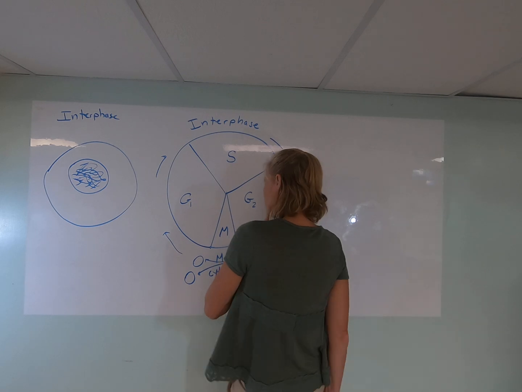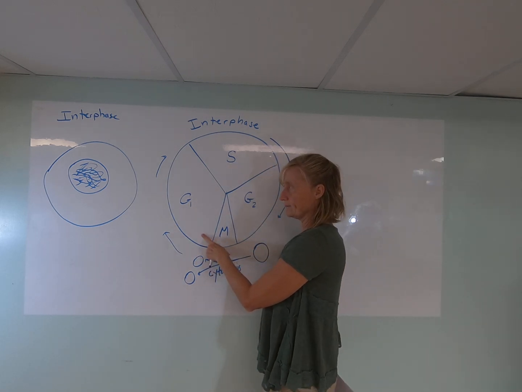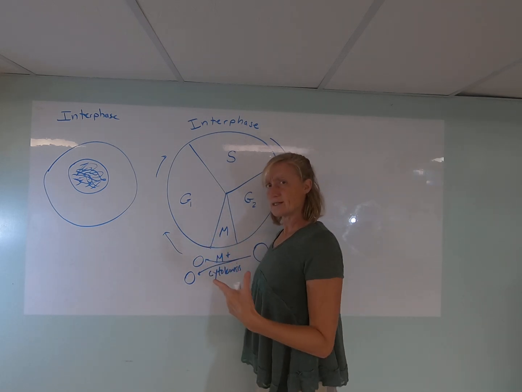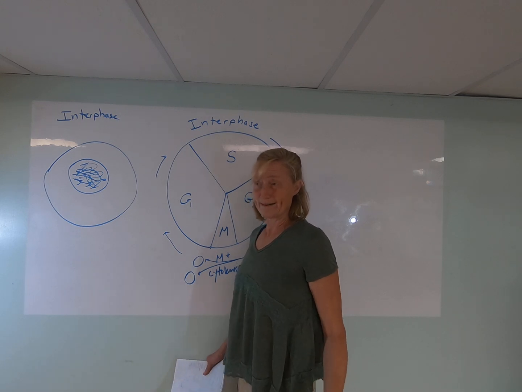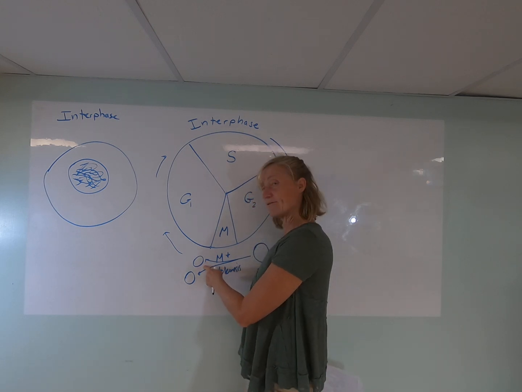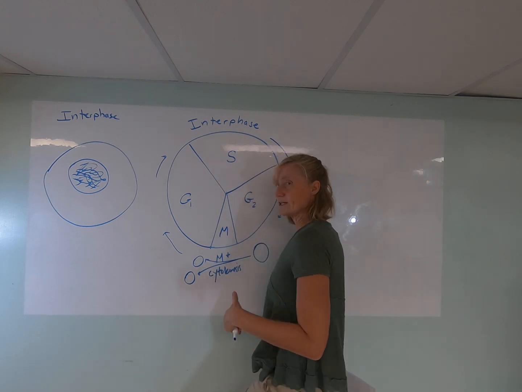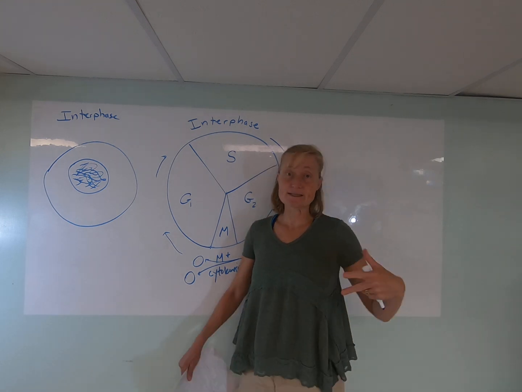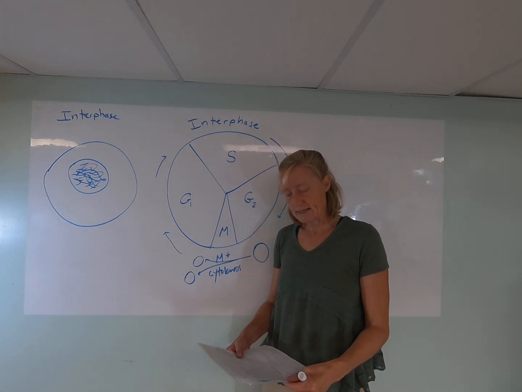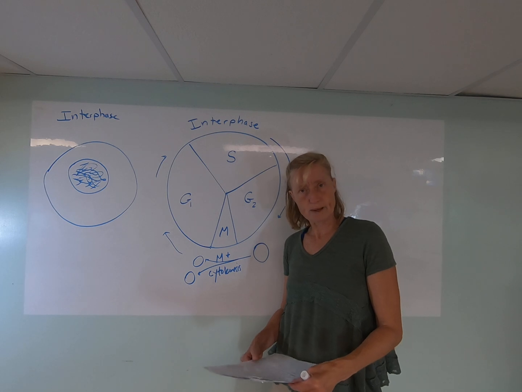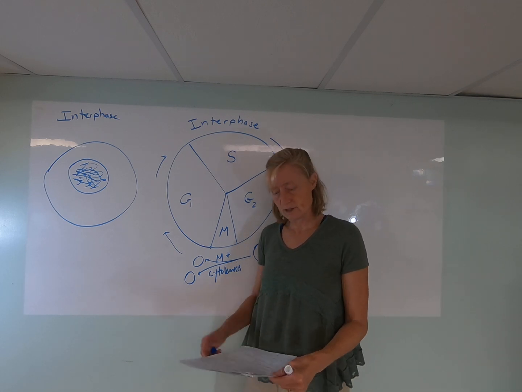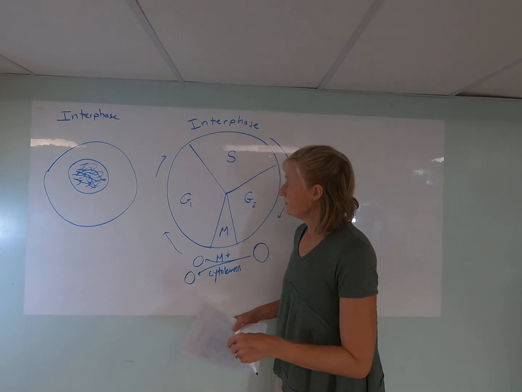Now, during gap 1, a cell is mostly spending time growing. It needs to grow. It's tiny after mitosis, and so its organelles will replicate, its size will grow, and it will kind of prepare for cell division if it's going into cell division.